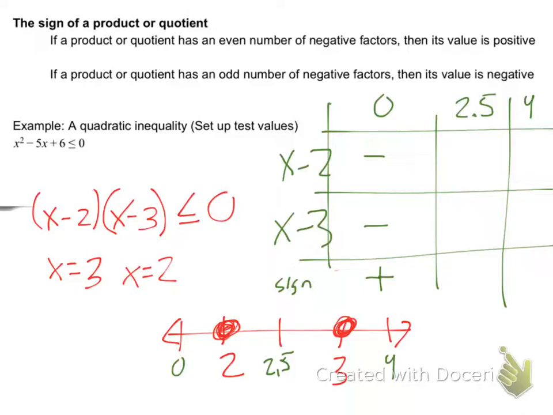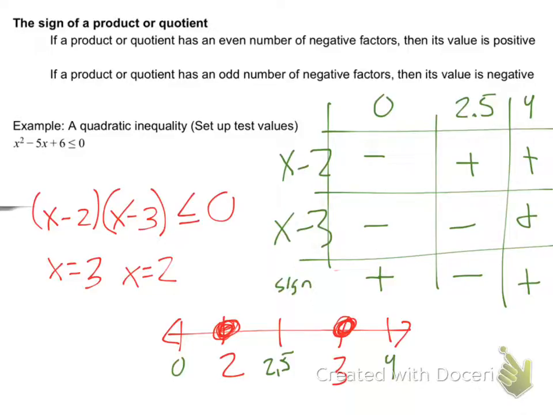2.5. If I subtract 2, positive. If I subtract 3, negative. So my result would be negative. 4. Positive, positive, positive. So, this table tells me that in the 0 area, it's going to be positive, or above the x-axis.